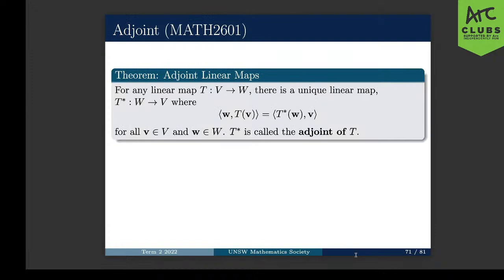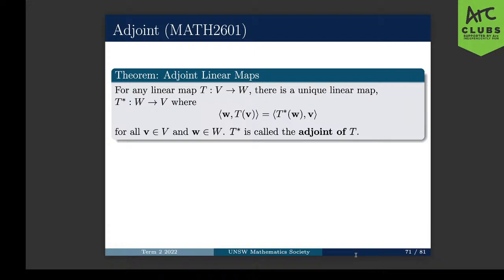Okay, moving on. Let's talk about adjoints, and again, this is MATH2601 stuff. So the adjoint of a linear map T from V to W, we call it T star, and it goes the other way, W to V. It's really a way of switching around the order of the inner product.